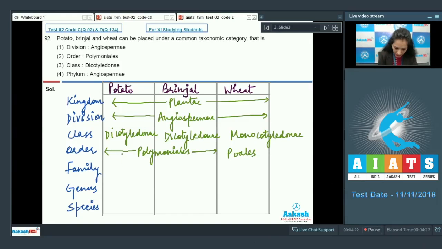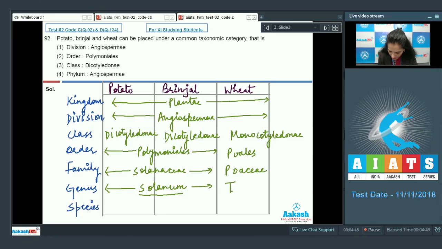Poales. Family for potato and brinjal, it is Solanaceae, but for wheat it is Poaceae. Genus for potato and brinjal, it is Solanum.